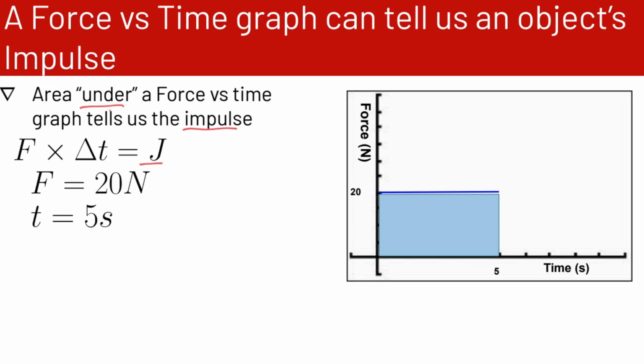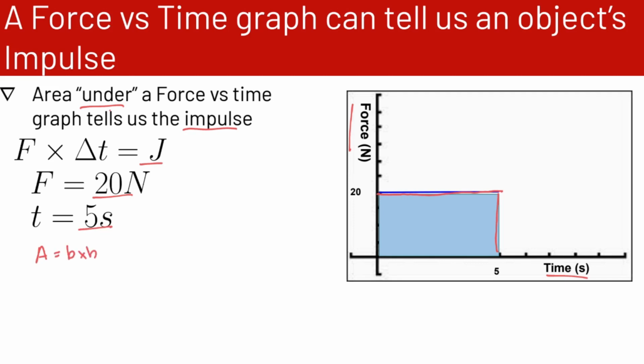For our force here, if we look at this graph, we have force on the y-axis and time on the x-axis. Force is at 20 newtons and time is at 5 seconds. If we're looking at the area under here, area is equal to base times height.